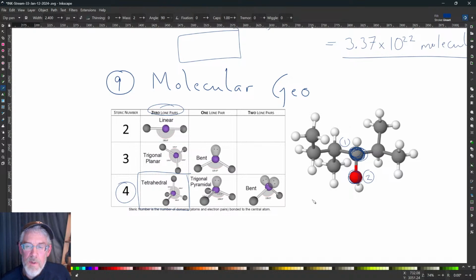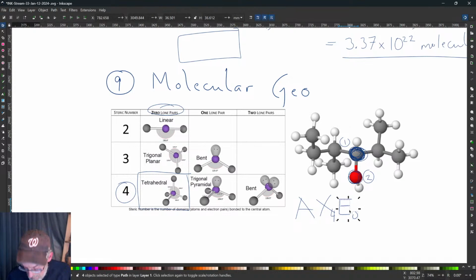Some people use what's called the AXE notation. For the AXE notation, A is the atom, X are the number of things bonded, they can be atoms or lone pairs, so 1, 2, 3, 4. And E, those are the lone pairs. We don't have any, so we wouldn't write that. And if you looked up AXE on Wikipedia, it would be tetrahedral.